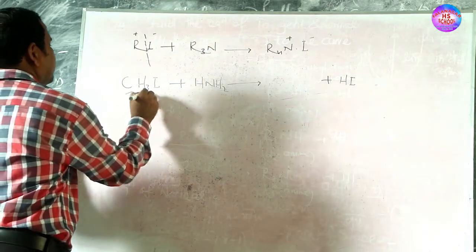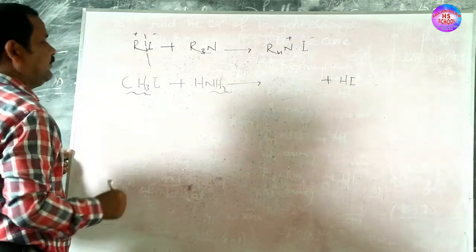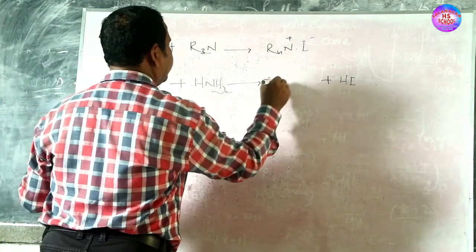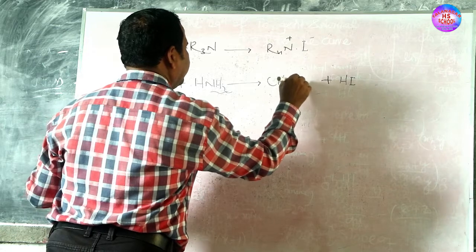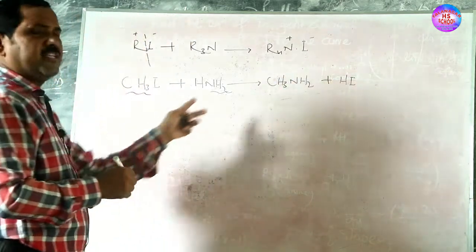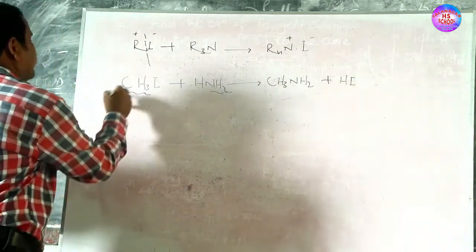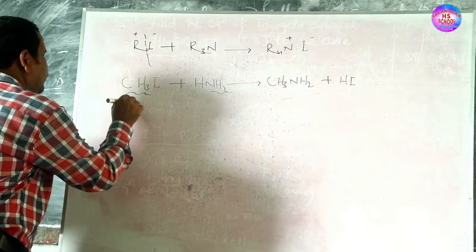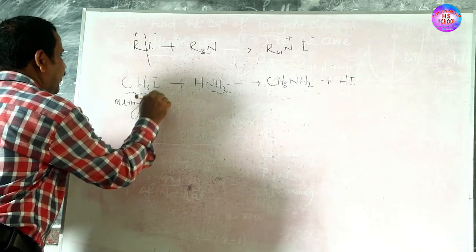The CH3 group is attached to this NH2. So CH3NH2, it is called methylamine. This compound is methyl iodide.